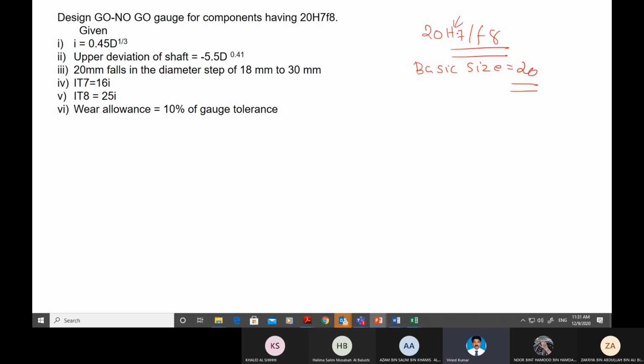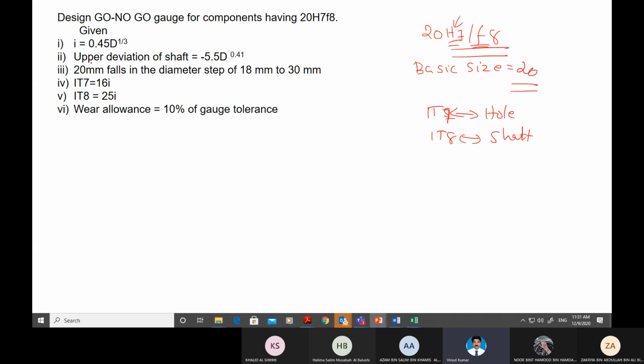The H7 means IT7 for the hole, and F8 means IT8 for the shaft. As I taught you before, H is for the hole, F is for the shaft.